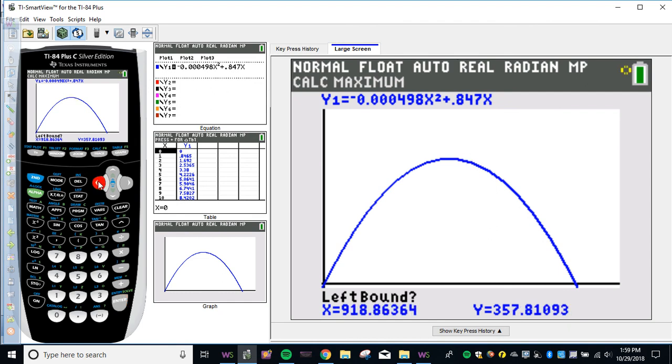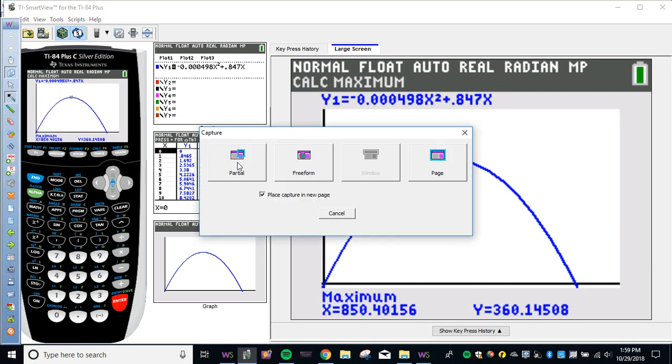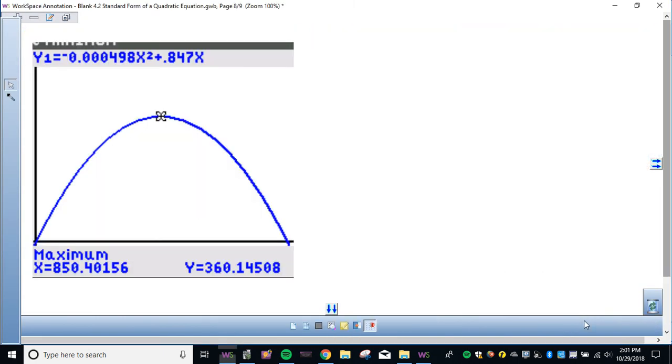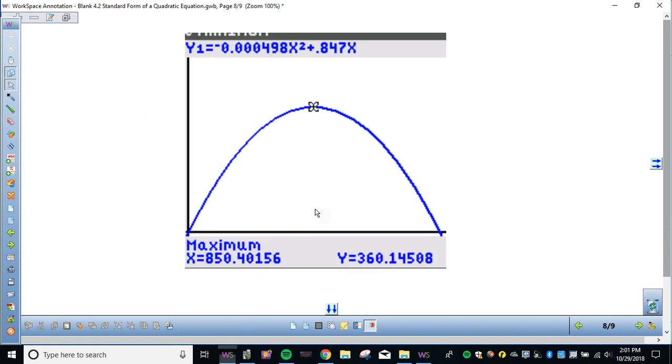And I want to be on the left side of the vertex, right side of the vertex, and you should get 850 and 360.15. Does anyone need help getting that?